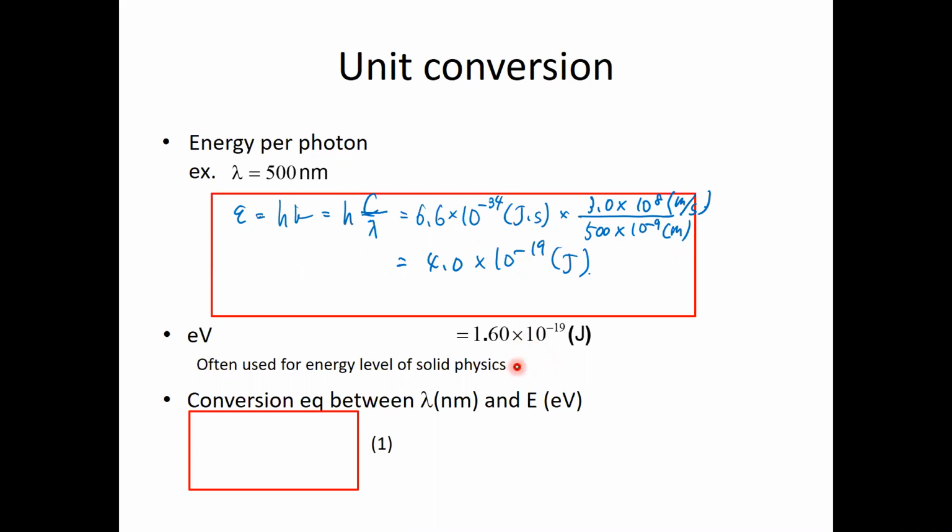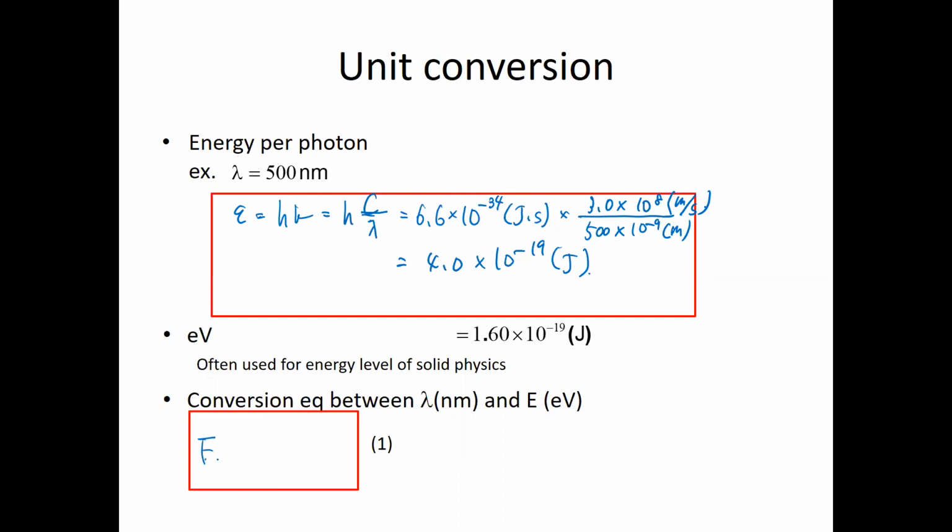And also now there's a very convenient way to convert the wavelength in nanometer to energy in electron volt. And this calculation is included in the after lecture exercise. So please try it for yourself. You can stop the video and you could calculate this one.